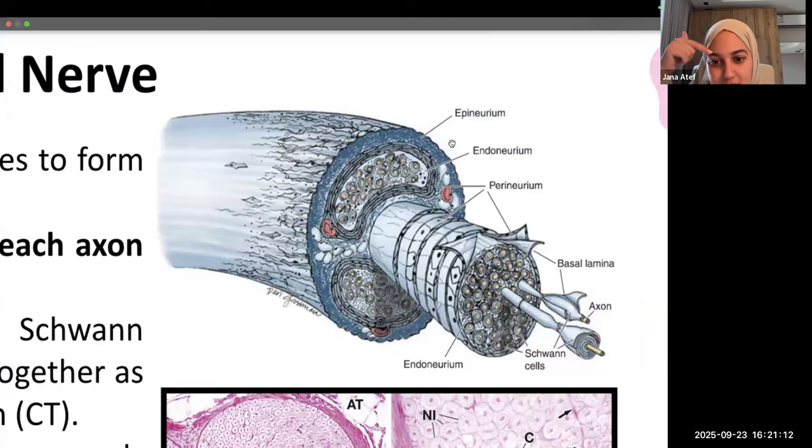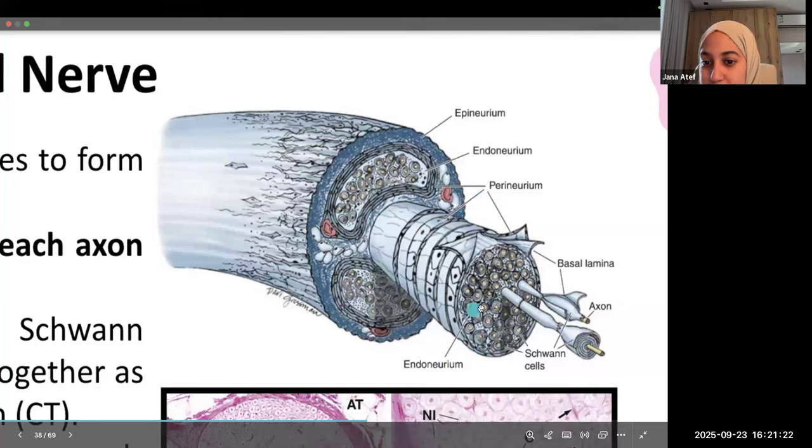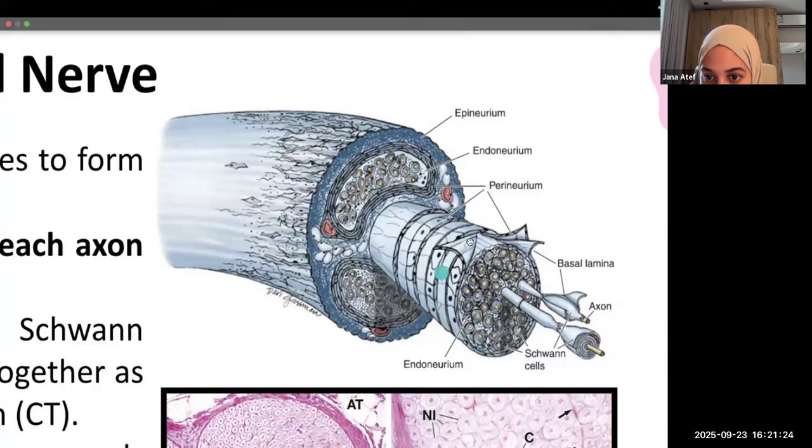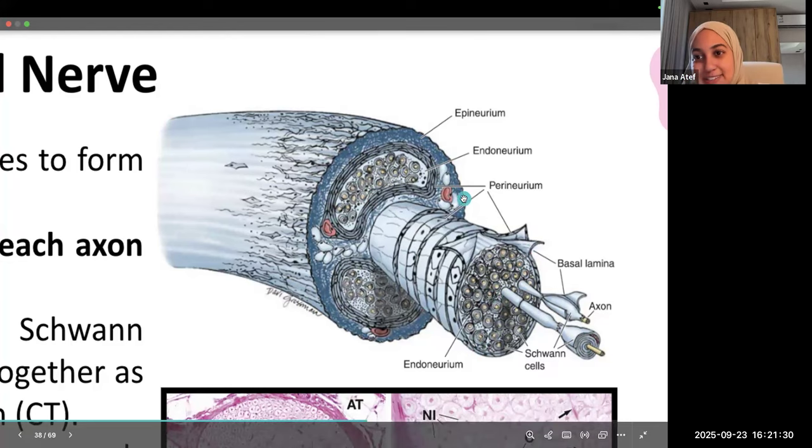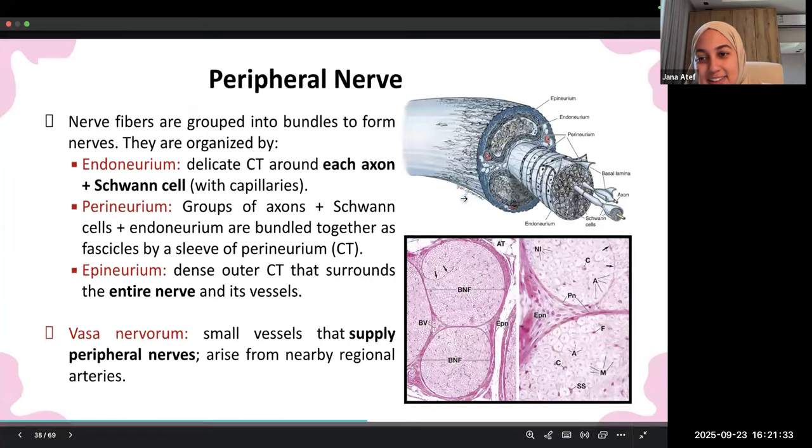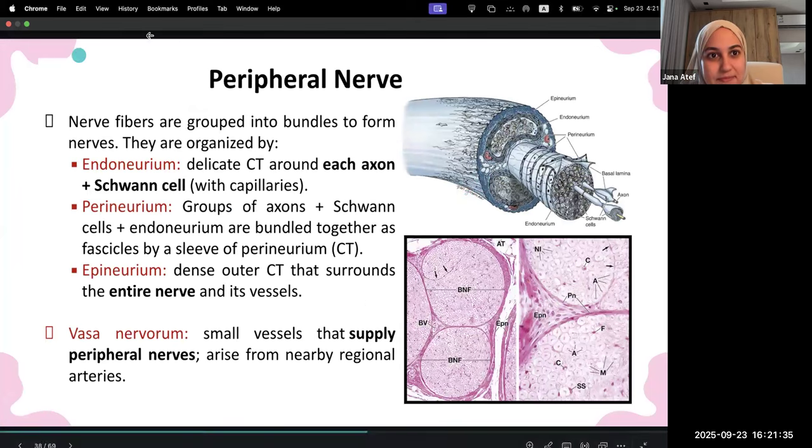It's very confusing because, like I said, the lines blur between them. Here's an axon and Schwann cell; around each of them is endoneurium, around them as a whole is perineurium, and around the entire nerve is epineurium. I think it's still confusing, right?